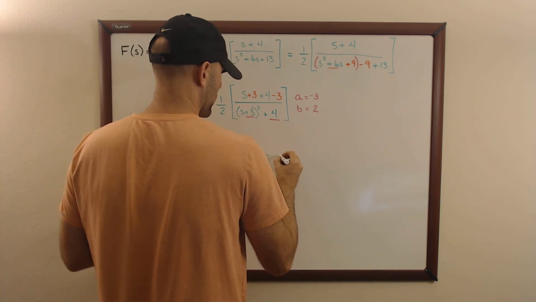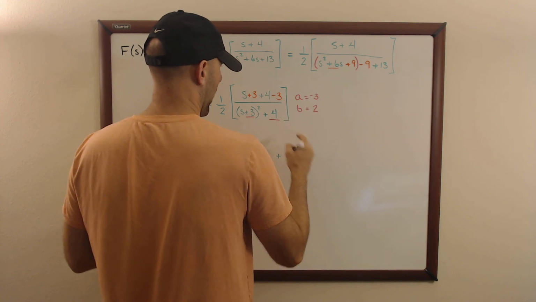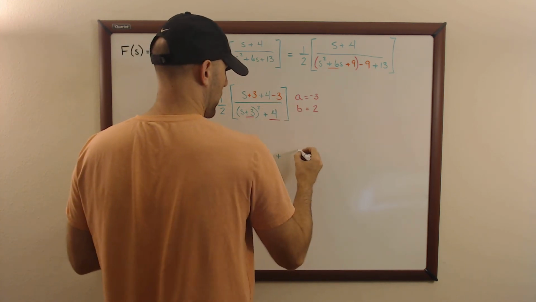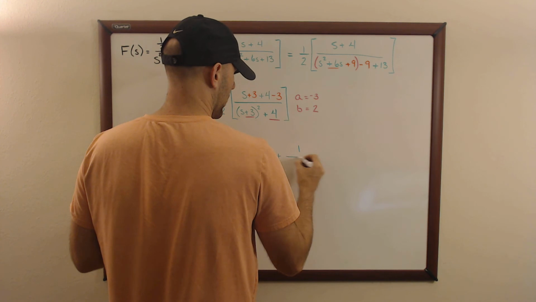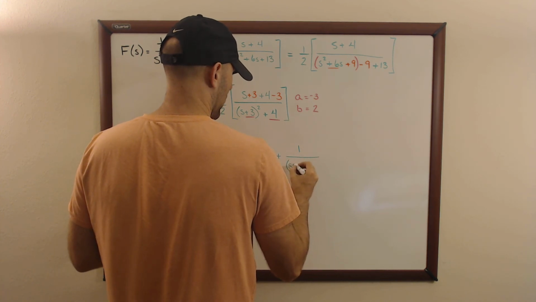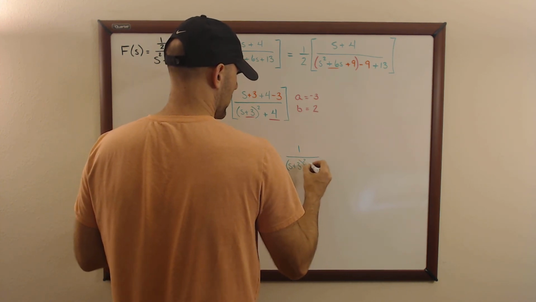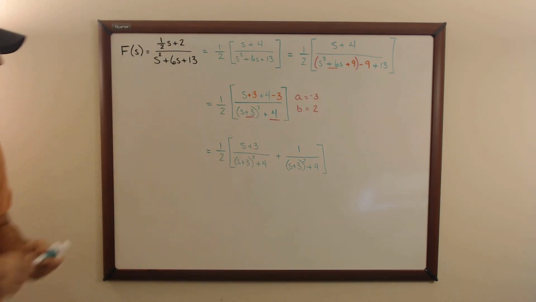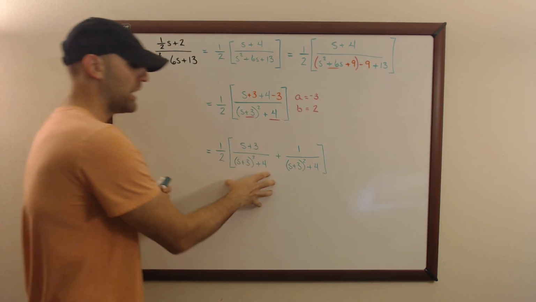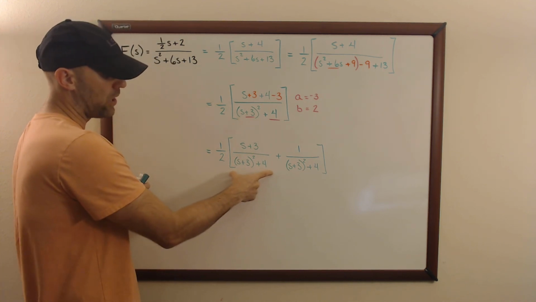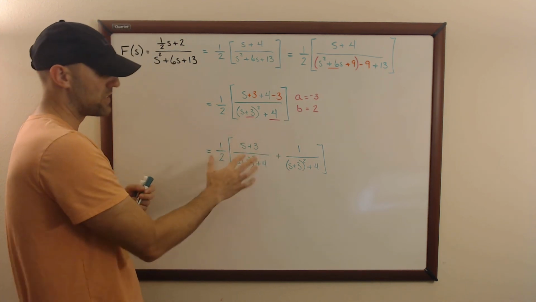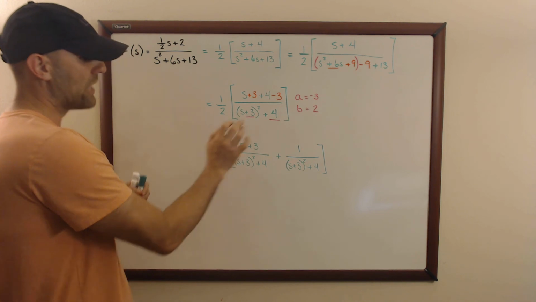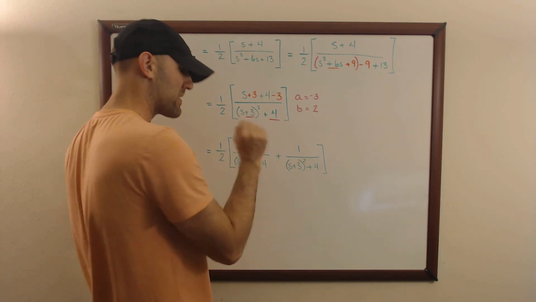So I've got plus 4 minus 3 gives me 1, over s plus 3 squared plus 4. So right now what I see is that my cosine term, what's going to invert to my cosine, that's fixed. That's done. I don't want to touch this anymore. I just need to fix this one because this is going to be my sine term.